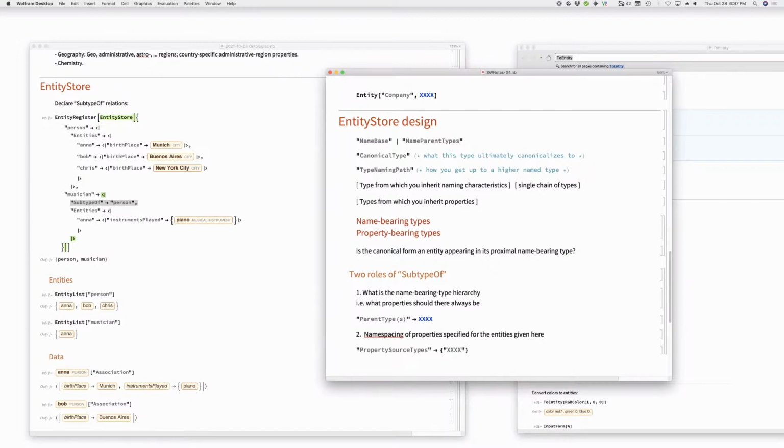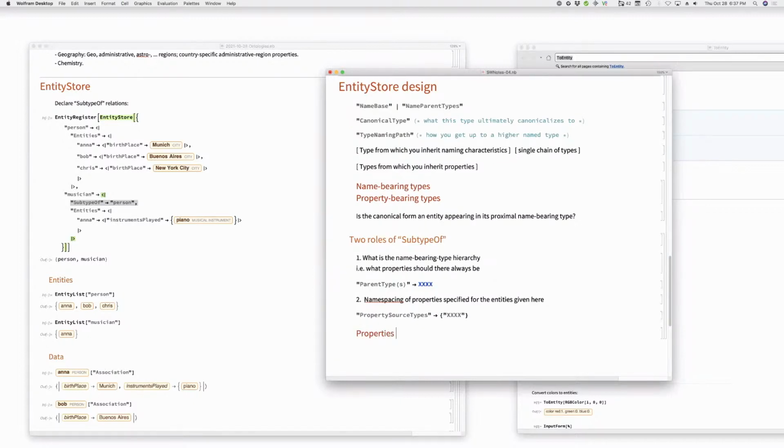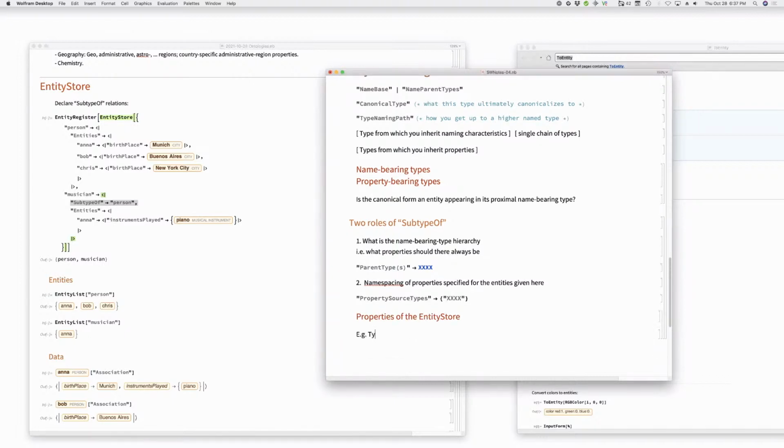And I think it should be possible to extract, we need some functions that extract type hierarchies and so on. So for that entity store, we need properties of the entity store, e.g., make a diagram like the first one.